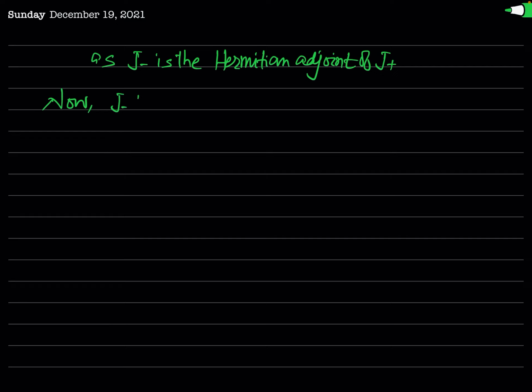J minus J plus. From the definition of the lowering and raising operators, you know J minus is equal to Jx minus i Jy, where i is the iota, times J plus, and J plus is Jx plus i Jy. So let us now take the simple product. Jx times Jx is just Jx square.